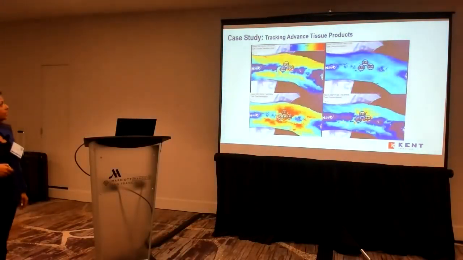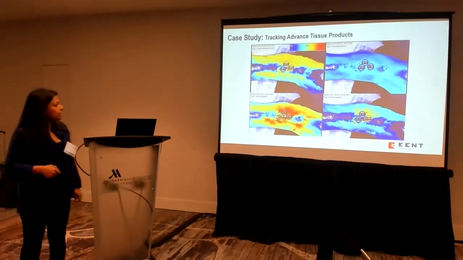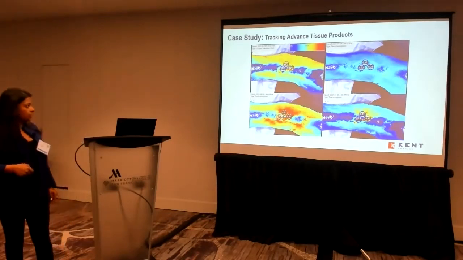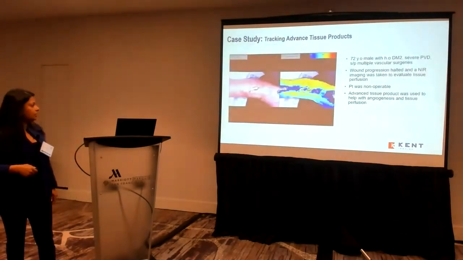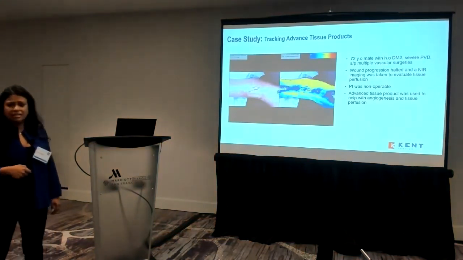So you can see here that we started looking at, and I put this view here for you to understand that you don't only need to be looking at the oxygenation view, you can be looking at the total hemoglobin, the deoxygenating hemoglobin, and the oxyhemoglobin. The reason I was looking at this particularly is because, as you can see in this image, the patient has a lot of fibrotic skin here.